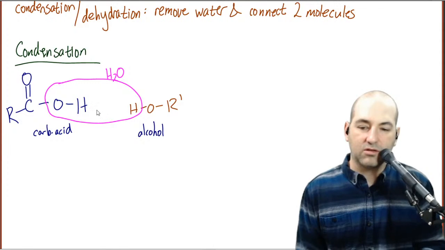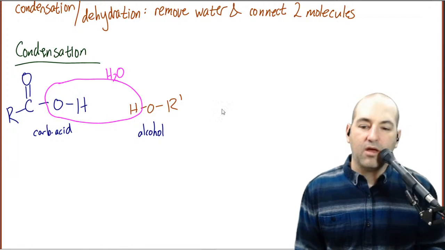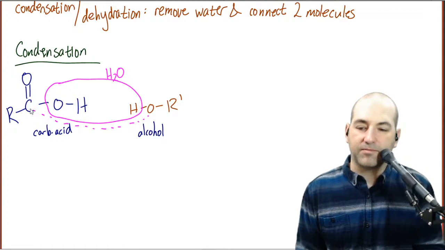Get it? Two H's and an O. And so that can leave, and then since the other bonds have to stay connected appropriately, the carbon from the carboxylic acid and the oxygen from the alcohol are going to end up being attached.